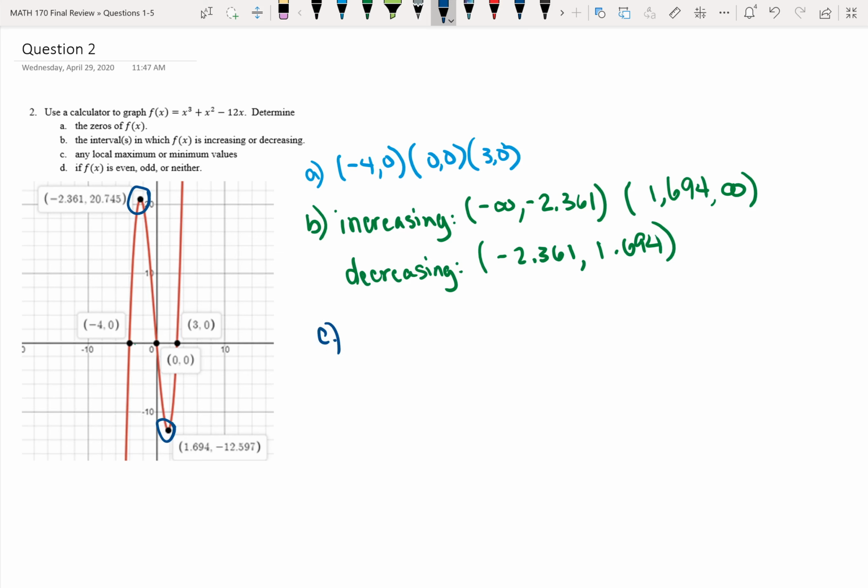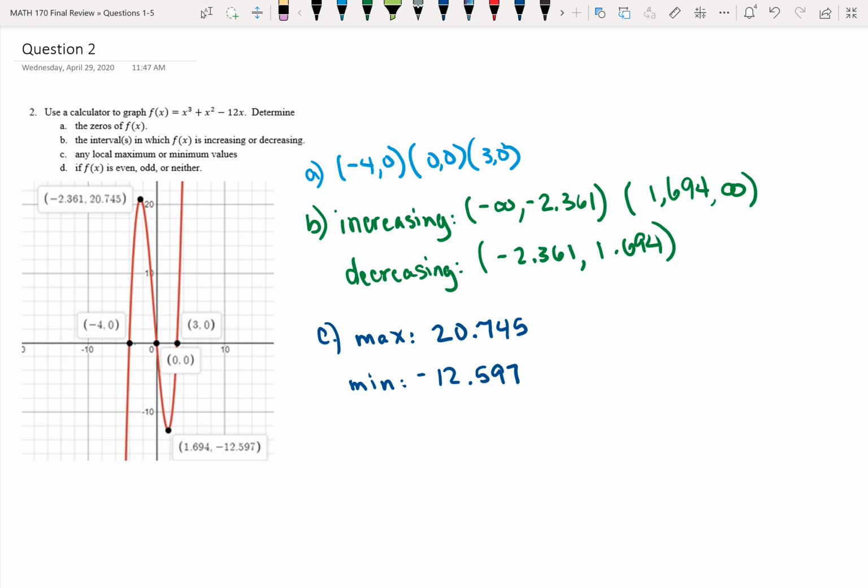So our local maximum is at the point (-2.361, 20.745), but we only list it by the y value. So our local max is 20.745, and our min is at negative 12.597.